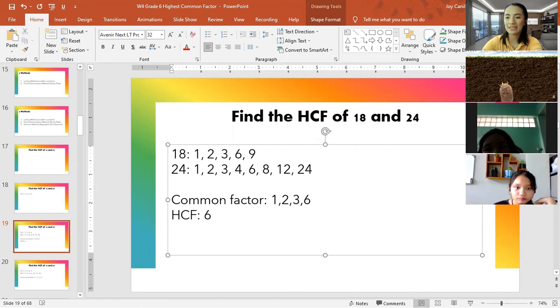Very good. Why 6? Because 6 is the greatest of the common factors.